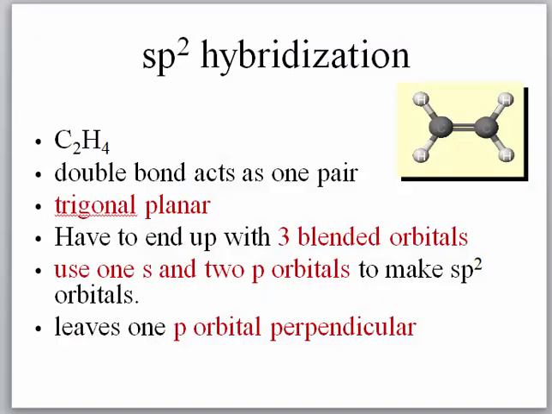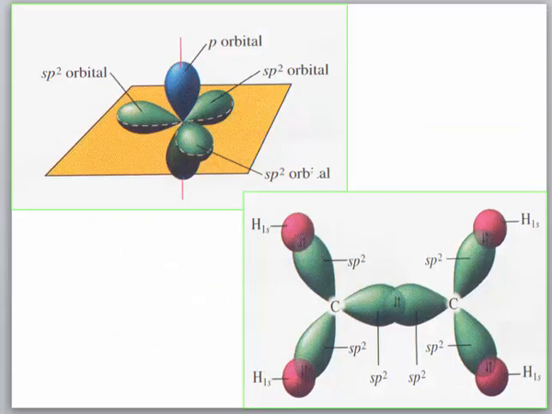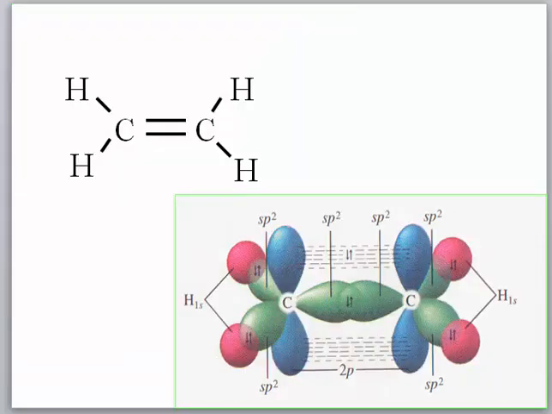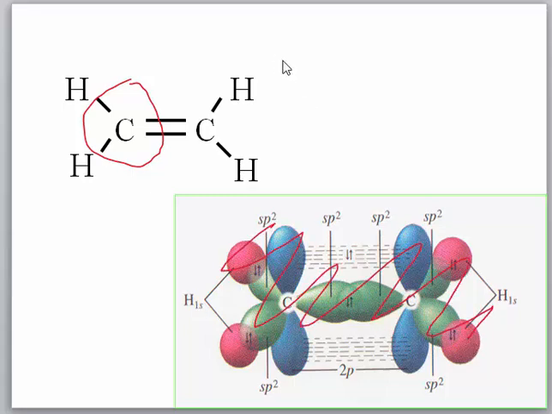So when you draw a double bond, you have sp2 hybridization. You have a trigonal planar structure. So C2H4 is going to give you your sp2 hybridization. But you don't need to go into all of this. You need to see that you've got 3 bonding sites.